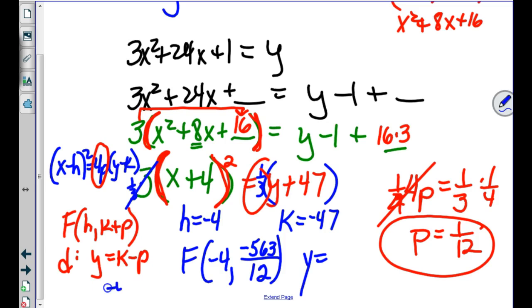But remember, k was negative 47 minus 1/12. So type that in carefully. Negative 47 minus 1/12. Math enter. Negative 565 over 12. I'm making stuff up. Yeah, good guess. Half power. All right. I thought that was pretty disgusting, but all right.